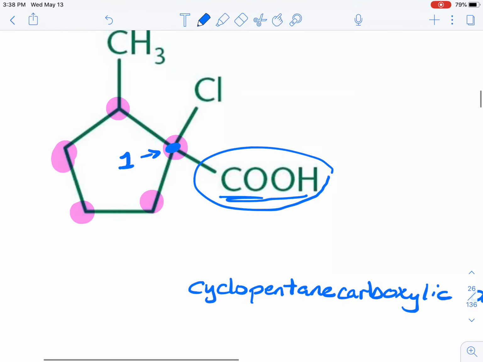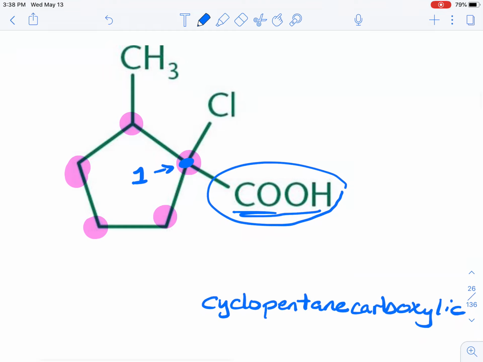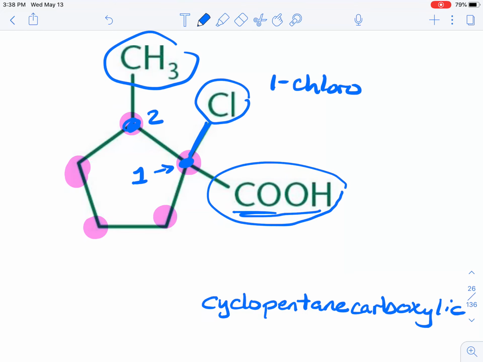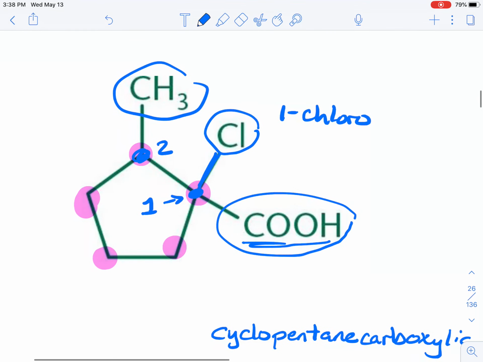Now it looks like we have a couple of substituents. We have a chloro or chlorine on carbon number 1. So this is automatically 1-chloro. And for carbon number 2, that's going to give us a methyl. And so I went ahead and numbered my carbons counterclockwise, just because it would give me the lowest number for the methyl group.